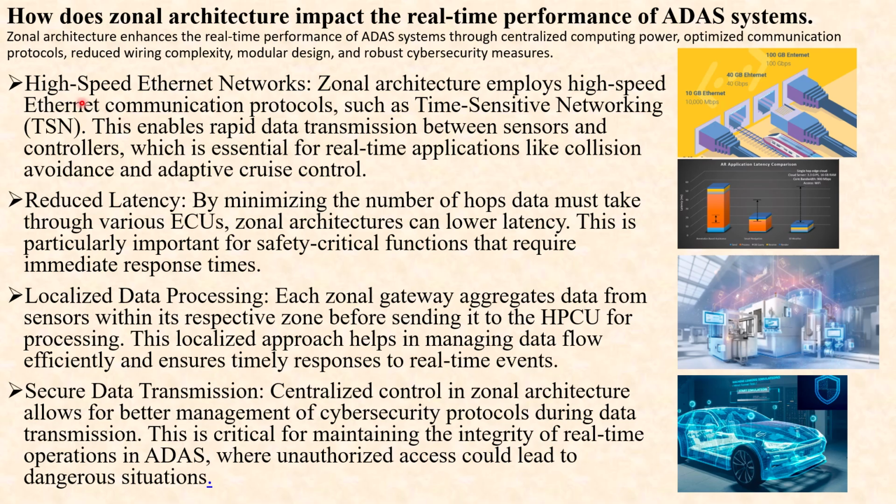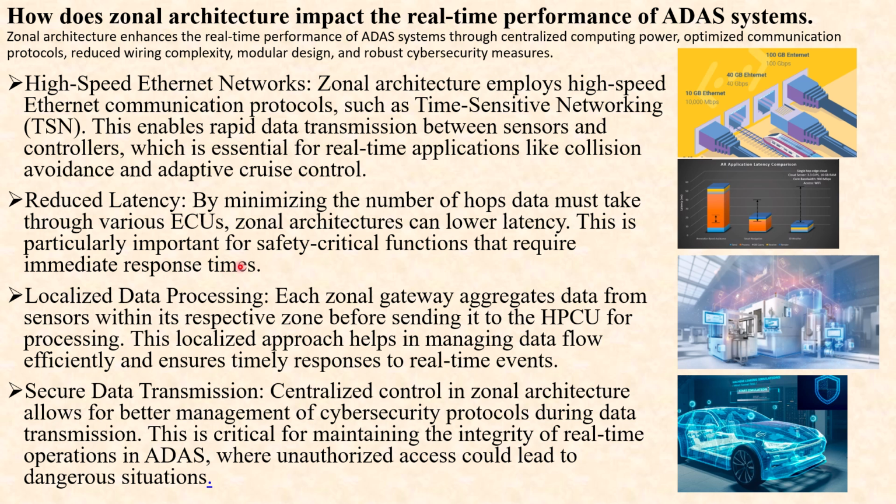This is the most important thing. Because of high-speed Ethernet, rapid transmission between the sensors and the controllers is possible, and this facilitates real-time applications like collision avoidance and adaptive cruise control, where real-time operation is of paramount importance. Now, coming to reduced latency, by minimizing the number of hops data must take through the various ECUs, zonal architectures can have lower latency.